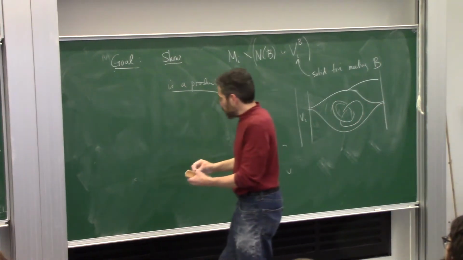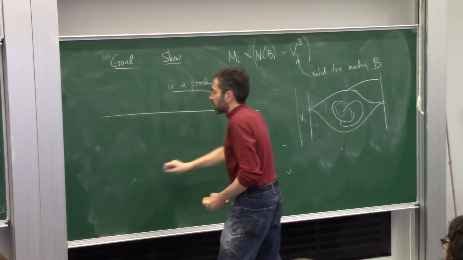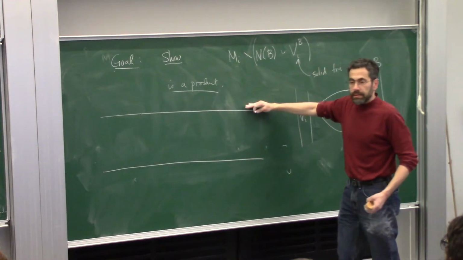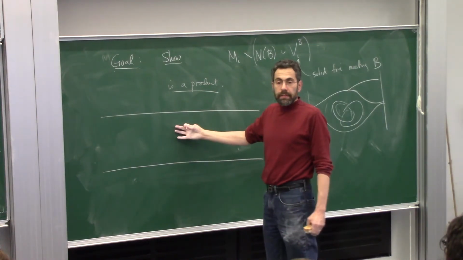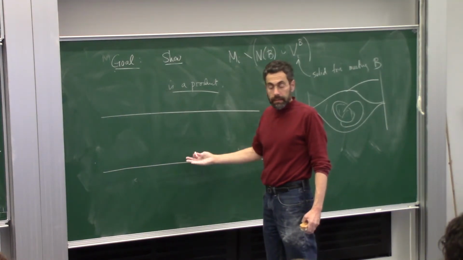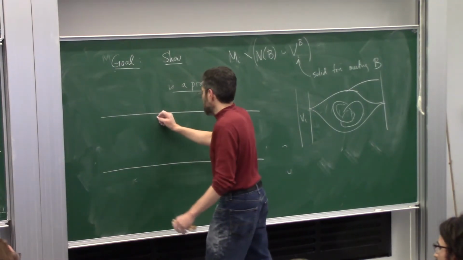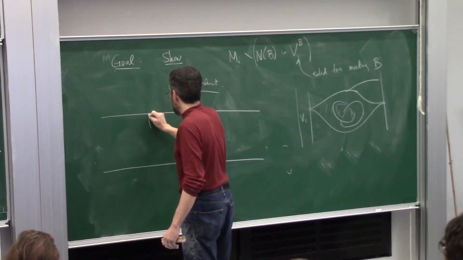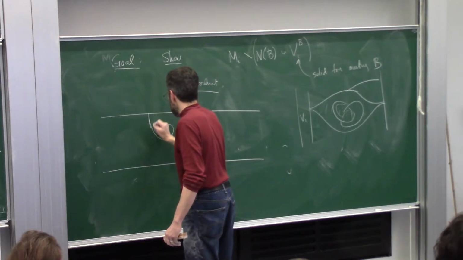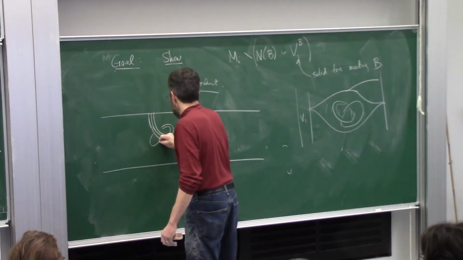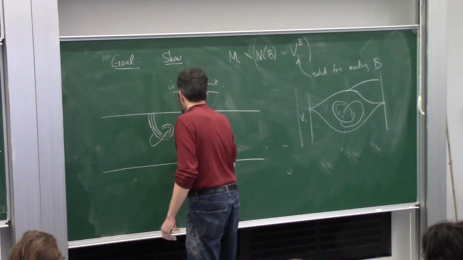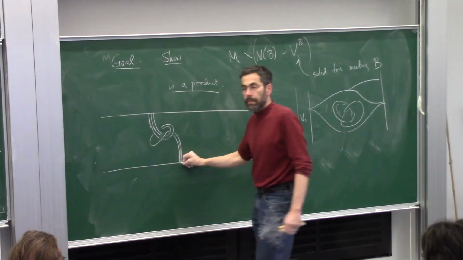And I'll leave you with two more pictures. What can go wrong? I have a surface cross I. I have a bunch of foliated things in it. And I want their complement to be foliated, to be a product. So two things can go wrong. One is the foliated region could be knotted. So I have some foliated by interval region, and maybe it's somehow knotted inside here.